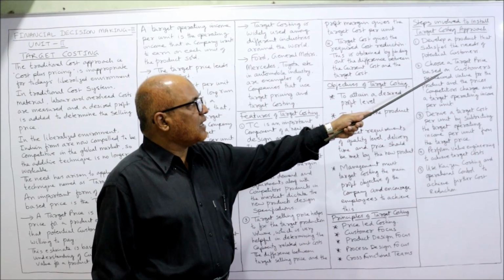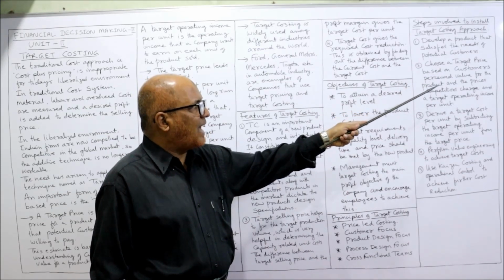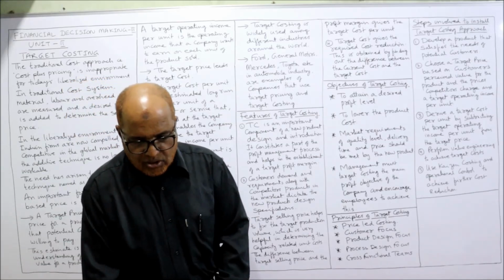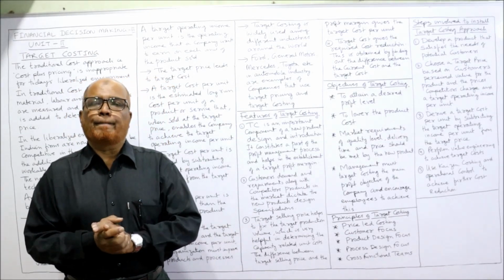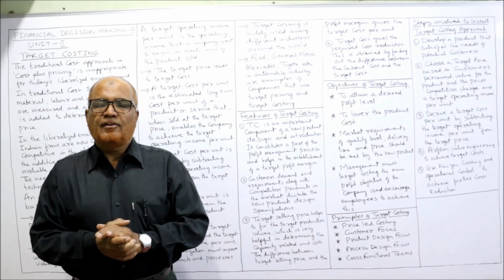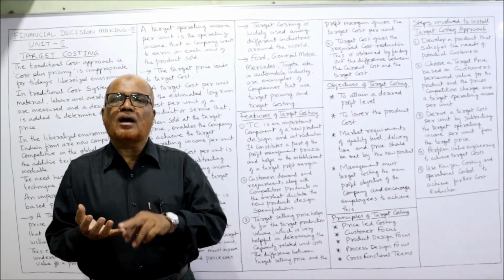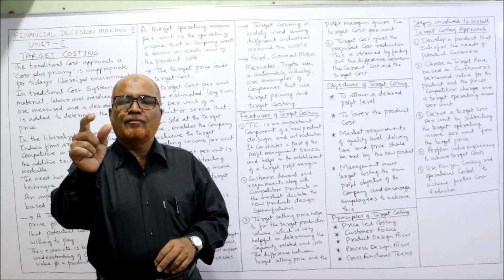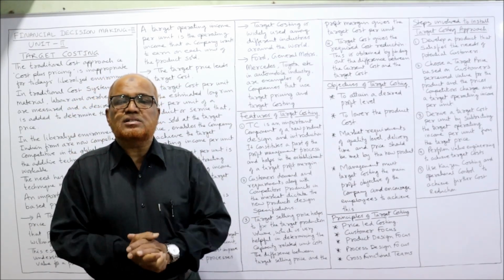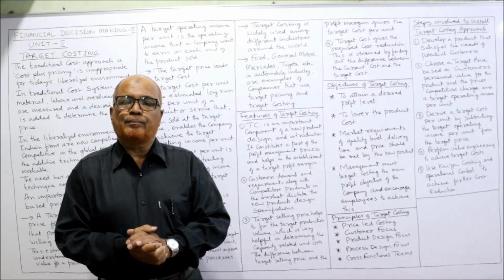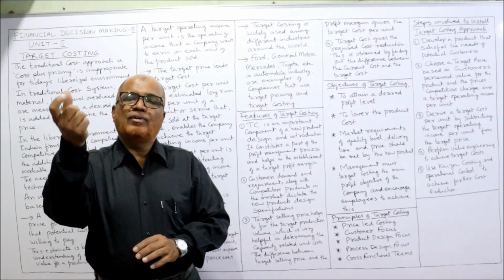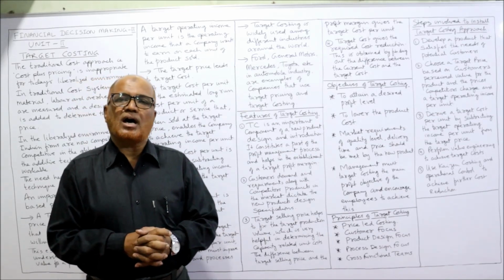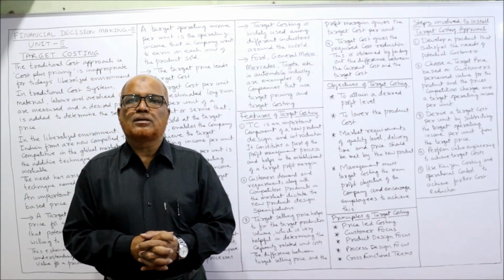Secondly, choose a target price based on customers' perceived value for the product and the price competitors charge, and a target operating income per unit. After studying the customers, we have to find out what the target price is. The target price is the price which the potential customers are willing to pay. And the target price will also take into consideration the prices charged by the competitors.